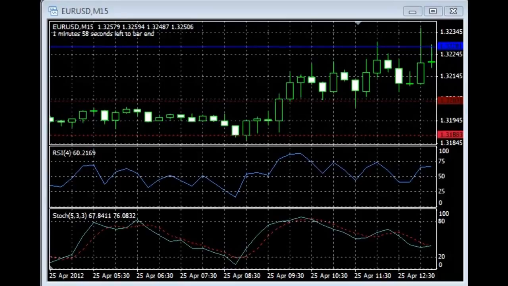Once your account has grown to some particular level, and that level is strictly up to you, you can increase the size of your trades. Winning at a 75% clip, you're going to see your account grow, and when you reach the next level, you can increase the size of your trades again, to the point where you're placing some fairly large trades and making some fairly large money on a single trade in less than 15 minutes.